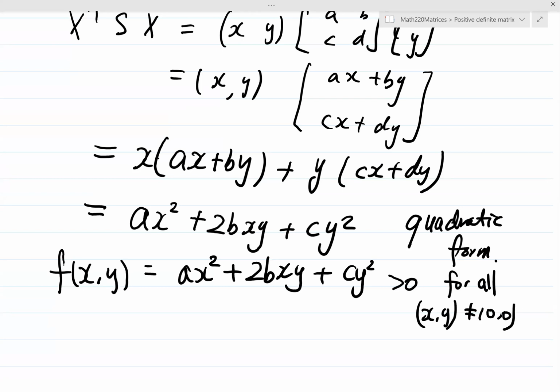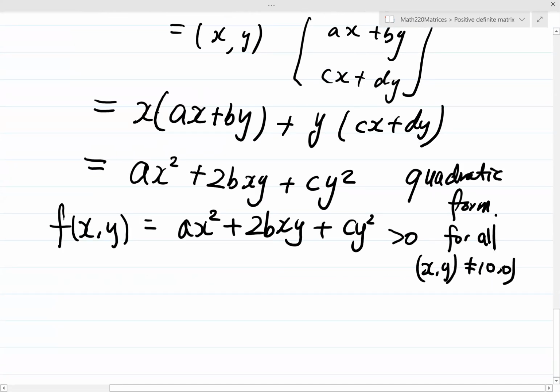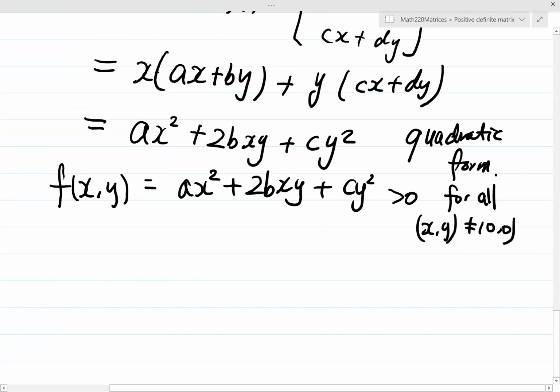Now, well, let's see. So x, y are not simultaneously 0. Now suppose x is non-zero. Let's first suppose y is non-zero.